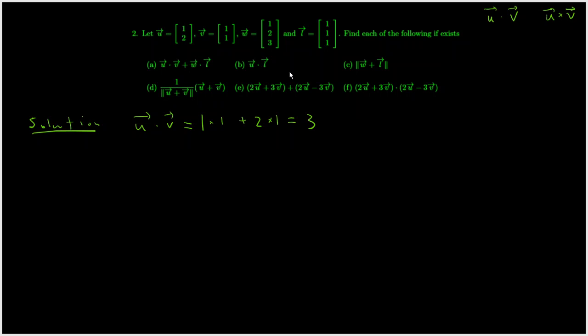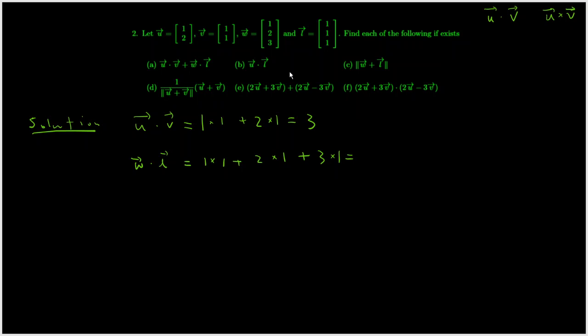Okay. And likewise, you can compute the dot product of w and l. Now we compute the dot product of w and l. Okay. Very similar. Okay. It's 1 times 1, the product of the two first components, and then plus 2 times 1, the product of the two second components, and then plus 3 times 1.